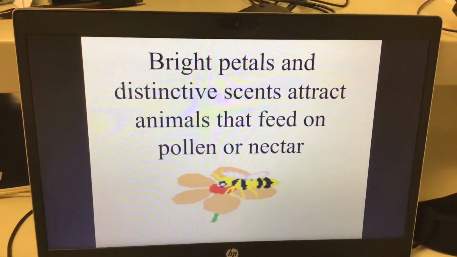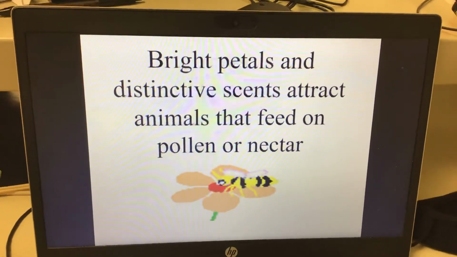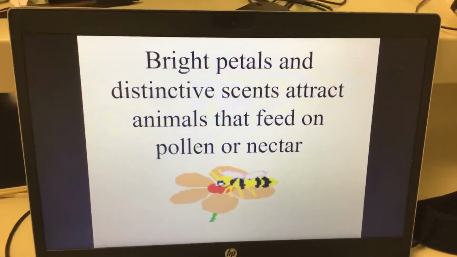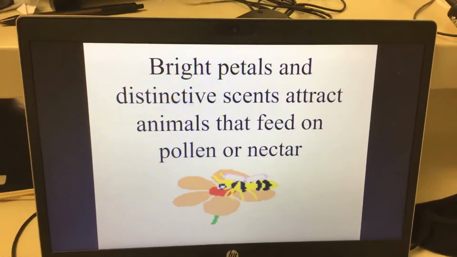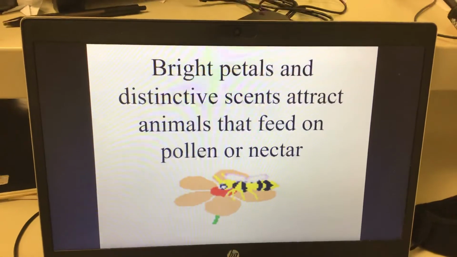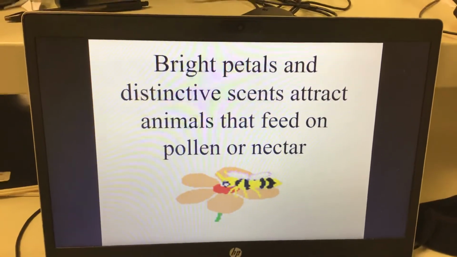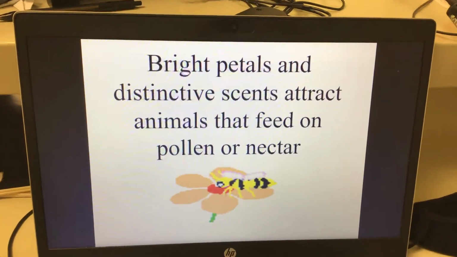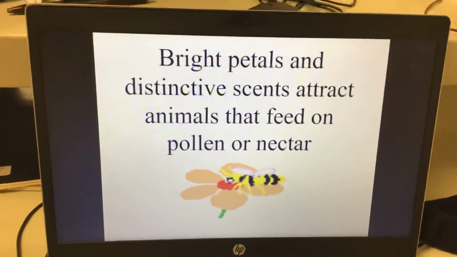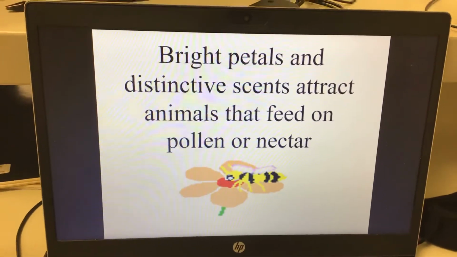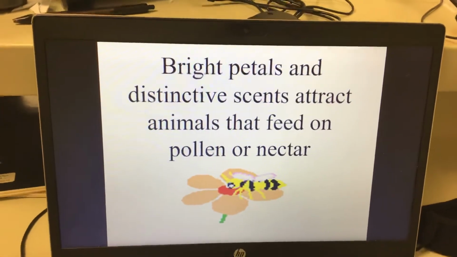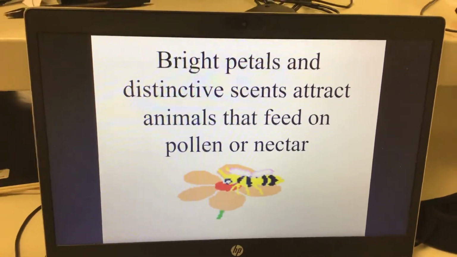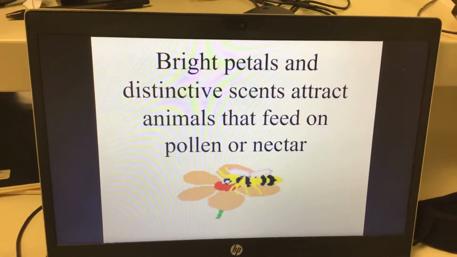So, plants that use insects for pollination usually have pretty flowers, smelly flowers, bright colored flowers. And that's going to attract the insects to pollinate them. Now, a lot of flowers will produce this sugary juice liquid called nectar.